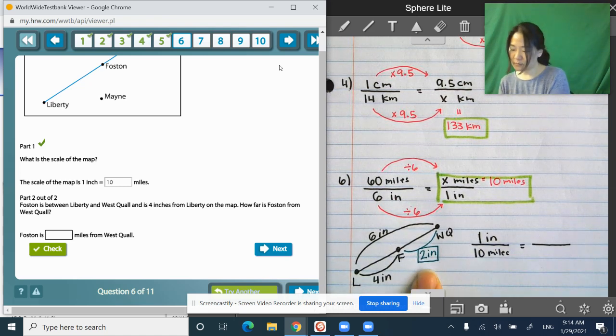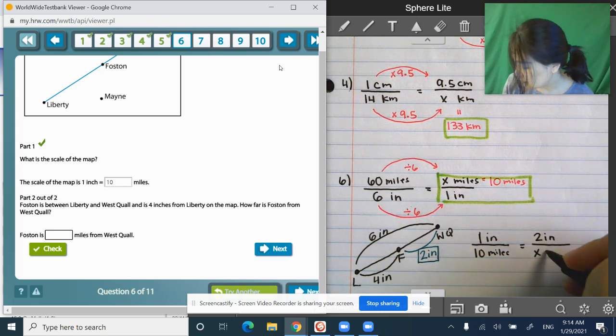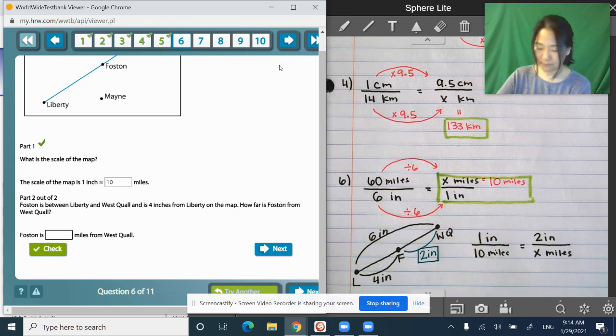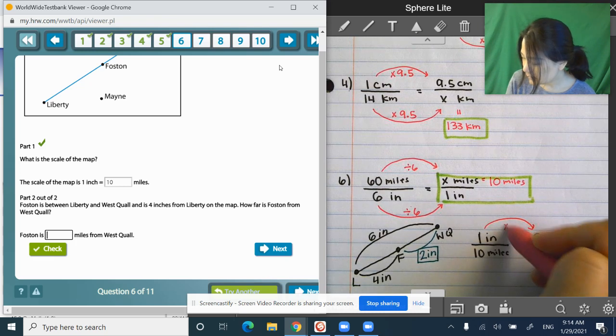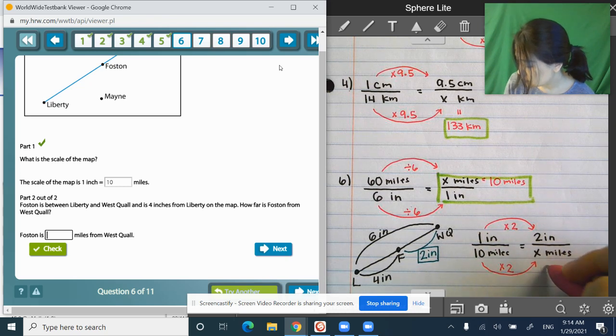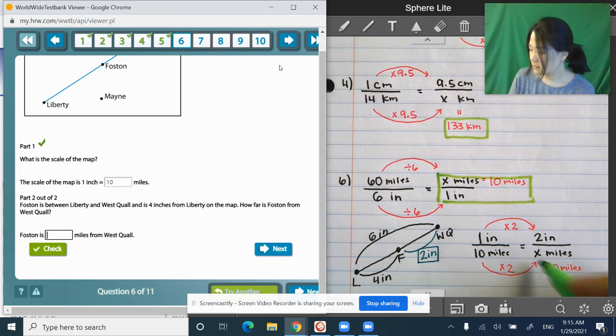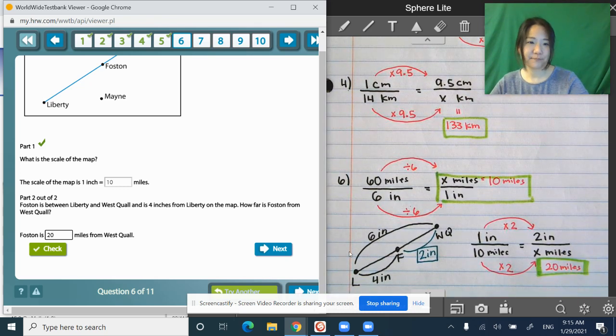Since the distance from here to here is 2 inches, I'm going to write 2 inches and X miles. So 1 times 2 is 2, and 10 times 2 is 20 miles. So the actual distance should be 20 miles.